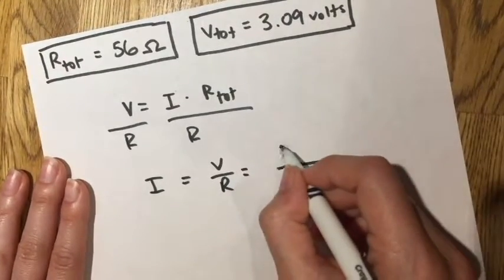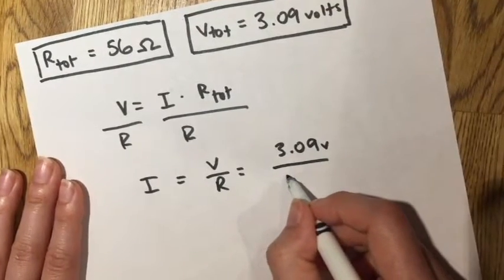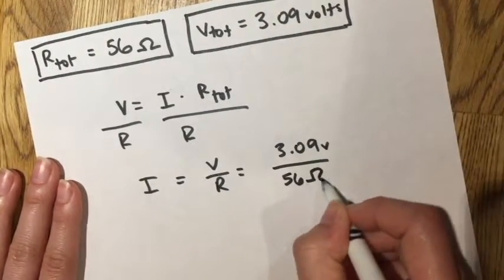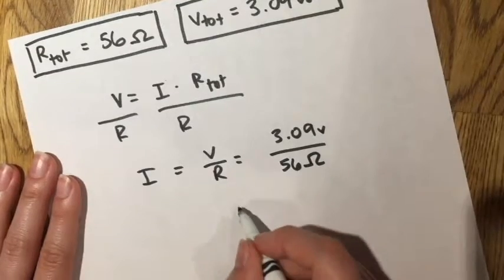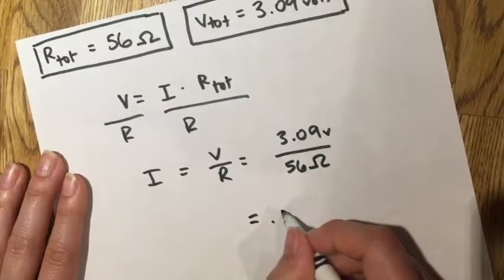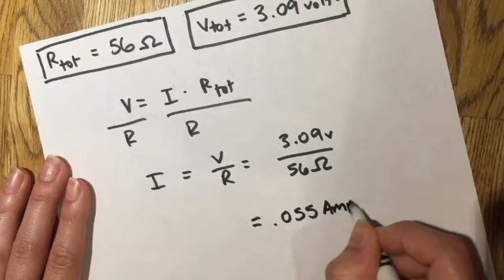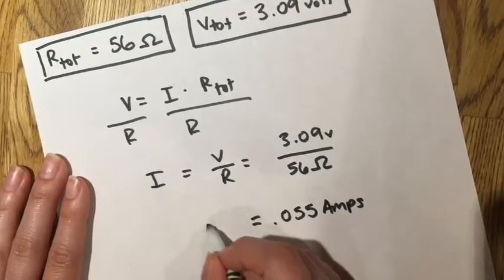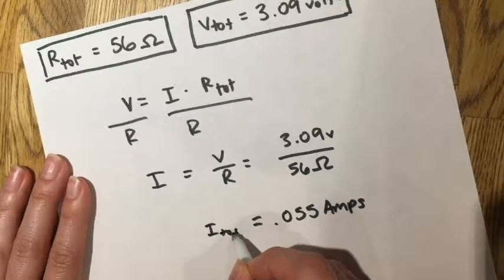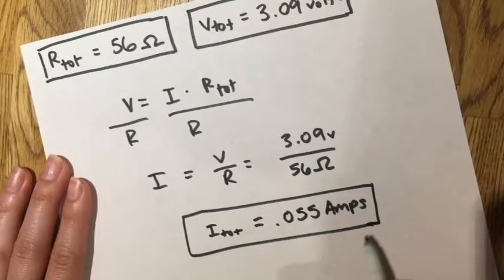So that would be 3.09 volts divided by 56 ohms. And then we would get 0.055 amps. And that's our total current. So we just solved this equation. So, yay.